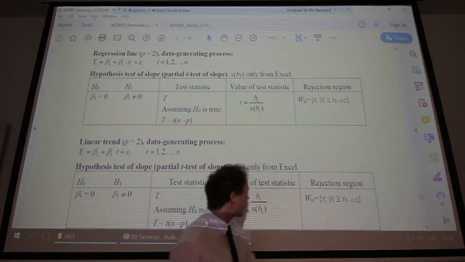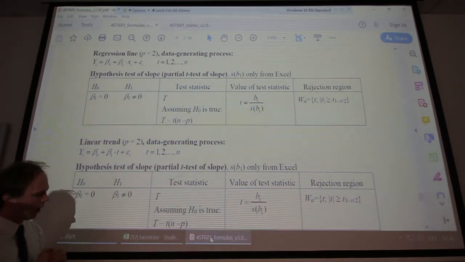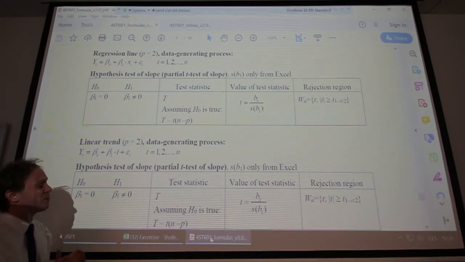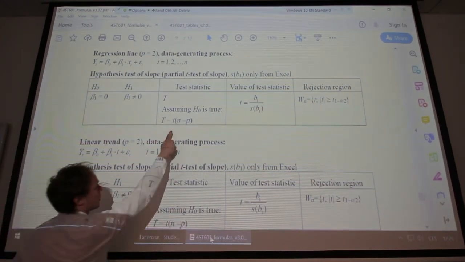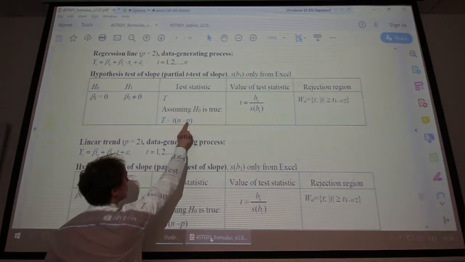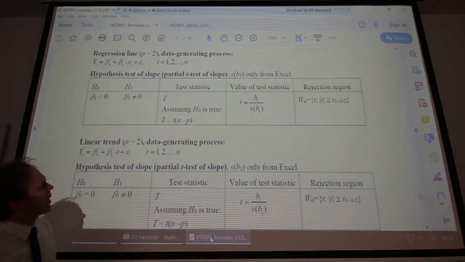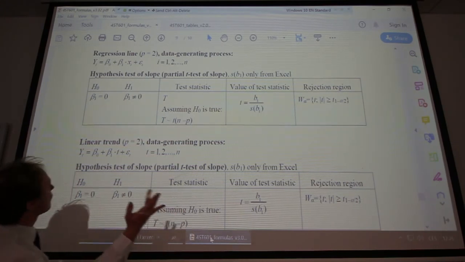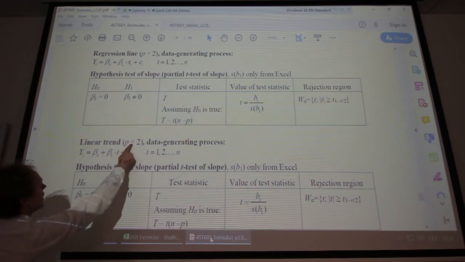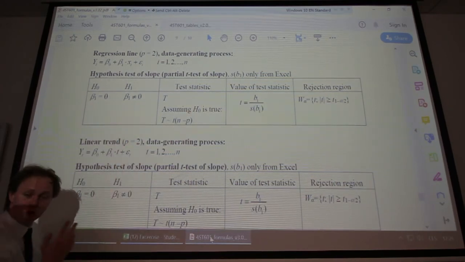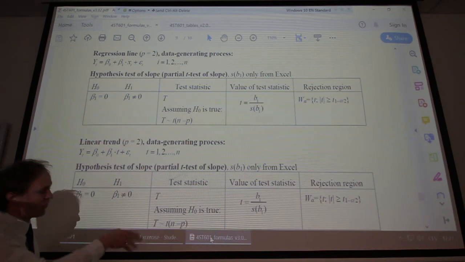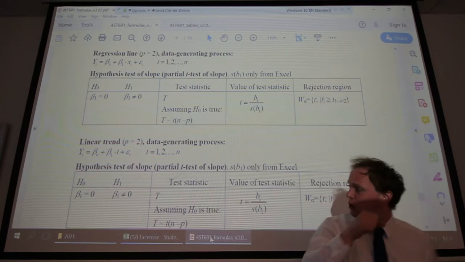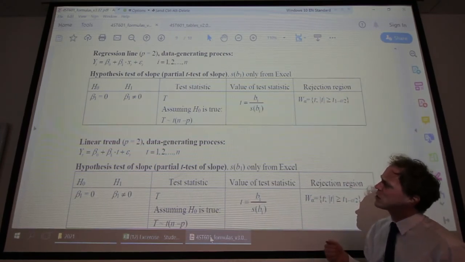So we will find the critical quantile of the Student t distribution, 97.5%, with degrees of freedom n minus p, where p is the number of betas. You have written here that p is equal to 2 in your situation. We have intercept and slope, 2 betas in the model. So number of observations minus 2.